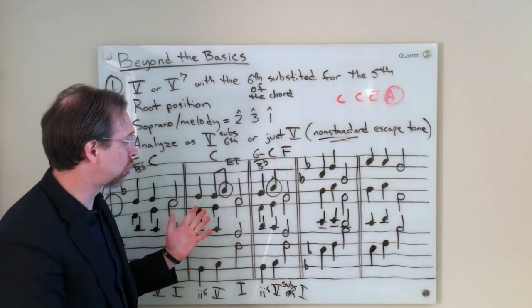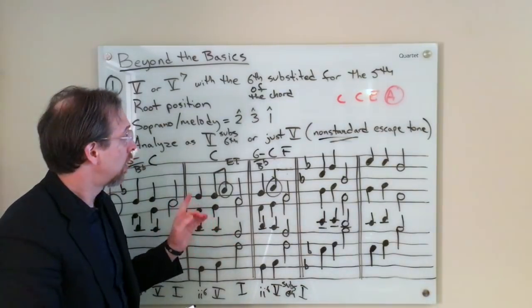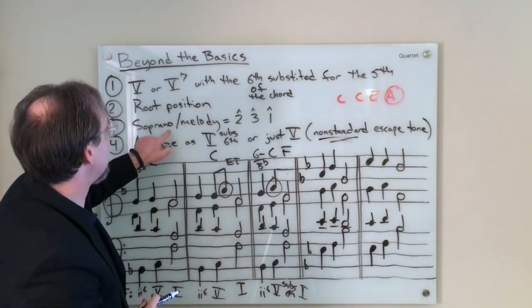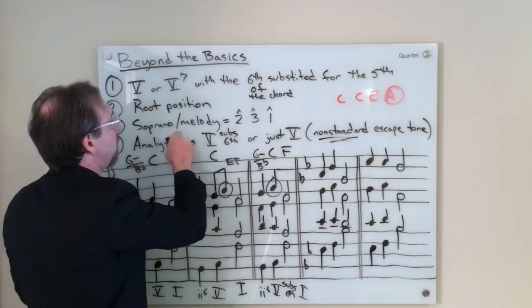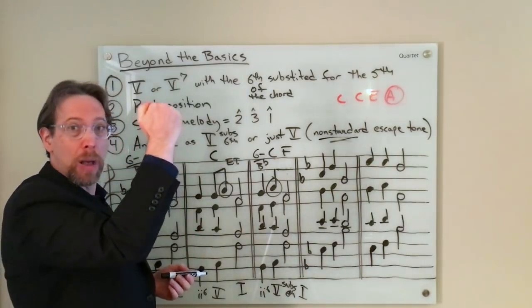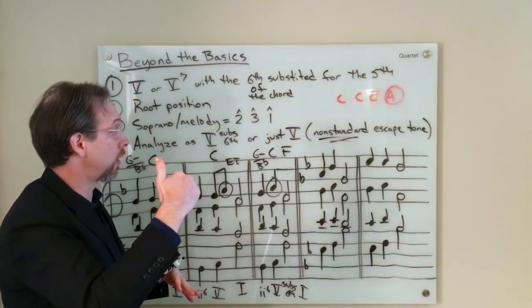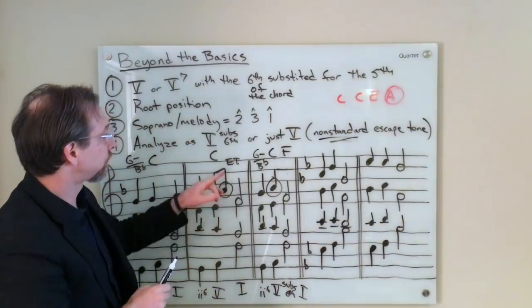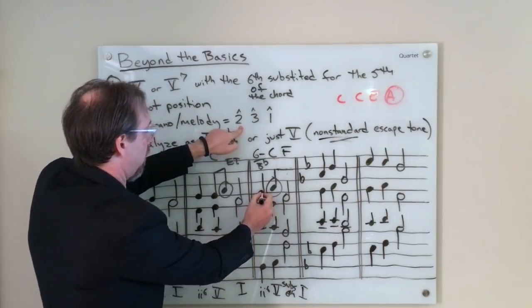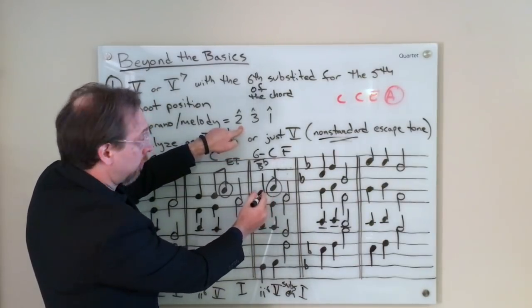It's not super hard or super crazy, but let's make a couple observations here. This happens in the soprano, in the melody, and it's the only place it happens. It happens up higher, above the rest of the chord, and there's some reasons for that. But melodically, we go from scale degree 2, again, we're in F major, so the G is scale degree 2.